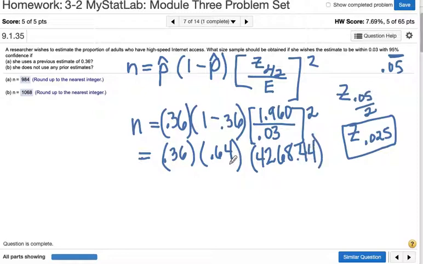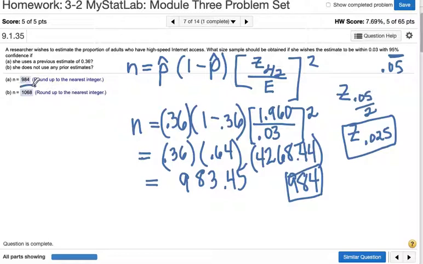Then multiply these numbers out, and I come up with 983.45. Because we can't have a sample that's 0.45, we just round up. So it would be 984, and that's what we got here.